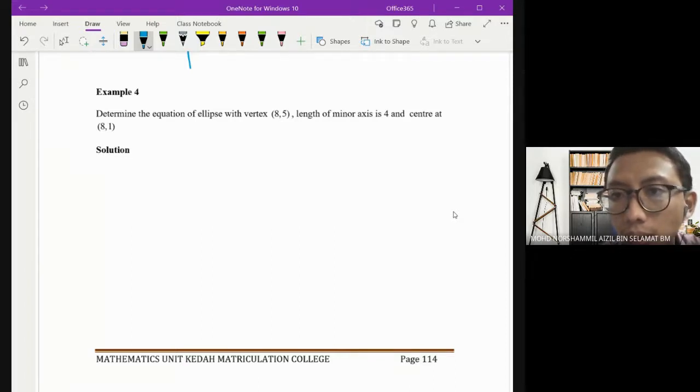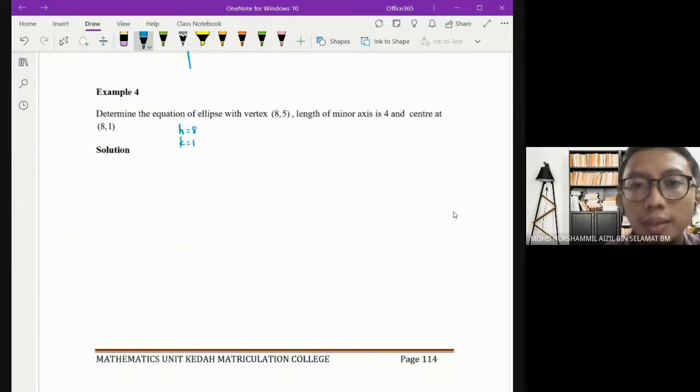Center at (8, 1). This is a challenging question. Center (8, 1), so obviously h is 8, k is 1. We just need to find a, b and c. But be careful. Given the vertex is (8, 5).